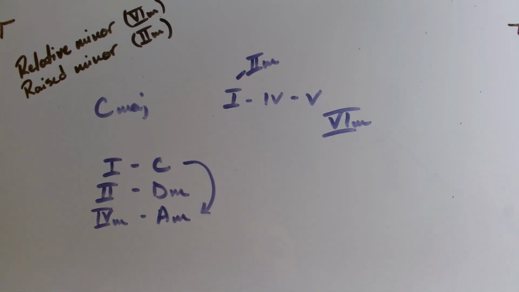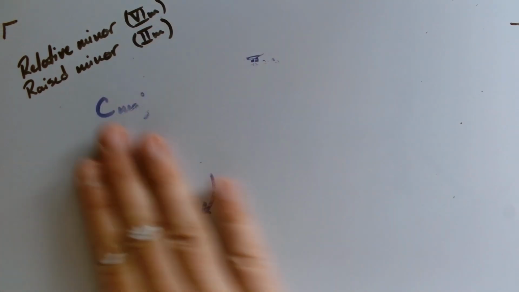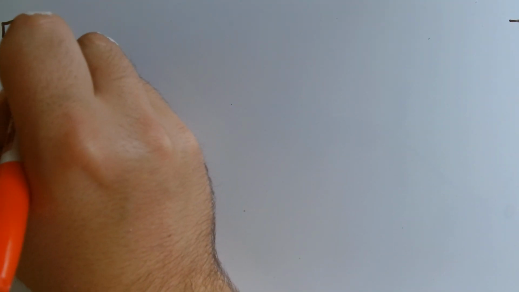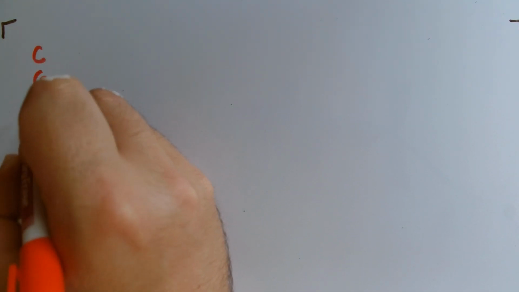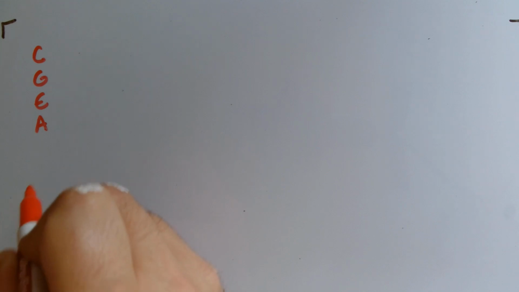All right, so let me get rid of this. I don't have much space on my little whiteboard right here. However, we can list out all the 2 and 6 minors real quick for all the keys that we tend to love in our kind of music, which is going to be C major, G major, E major, A major.